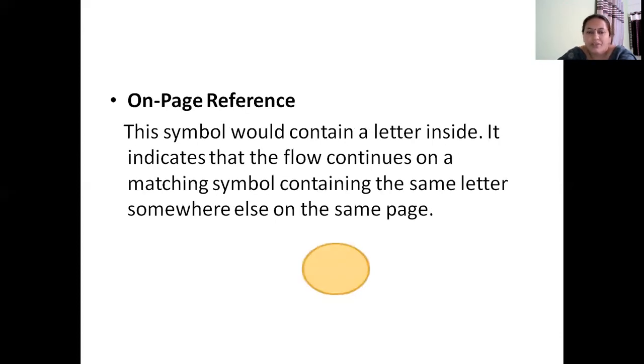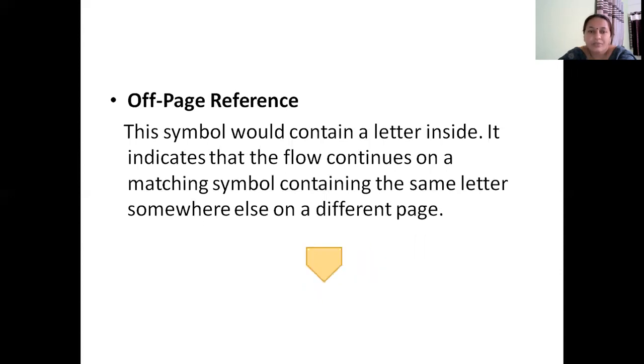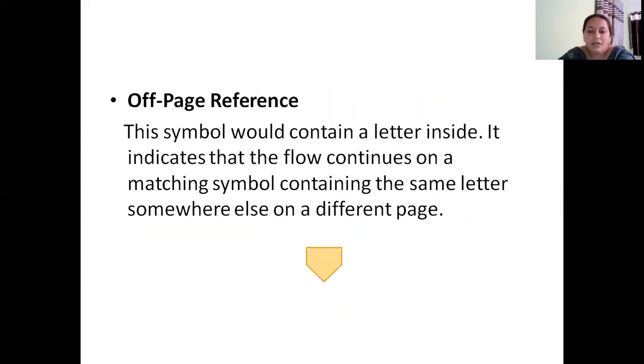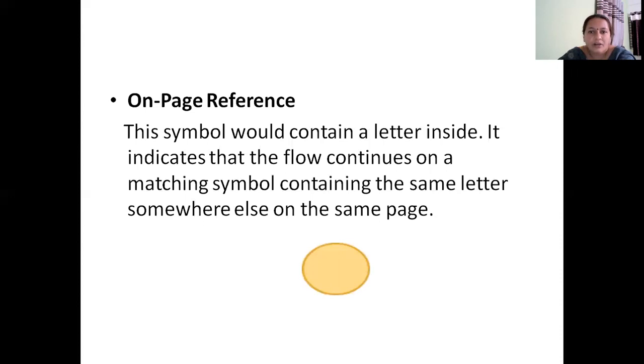If you have written a flowchart which is quite big and it has to be continued in another part of the same page, then you can make use of a connector, the circle symbol. This is a connector symbol or circle symbol, which is indicated by writing an alphabet.